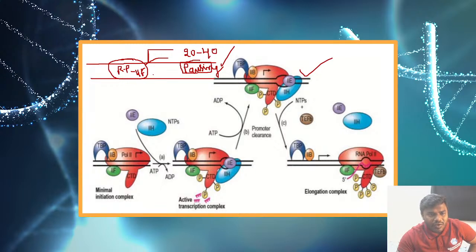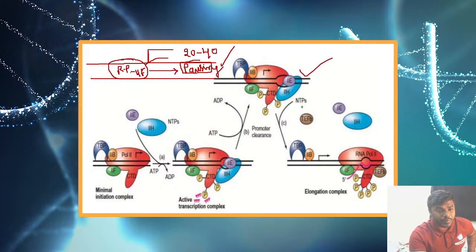Whenever our RNA polymerase enzyme reaches this particular site, it stops immediately. It never moves. Why? Because the site is called the pausing site. Once again I am repeating, listen.